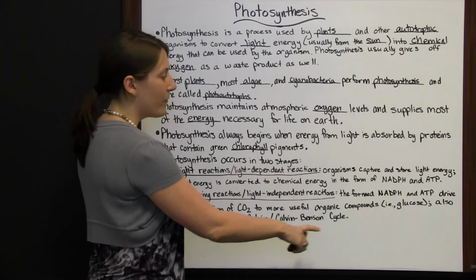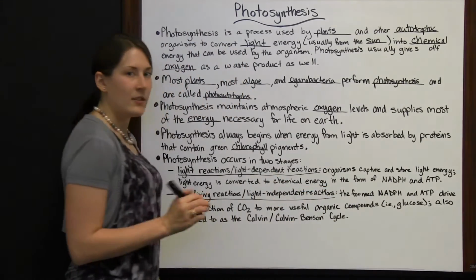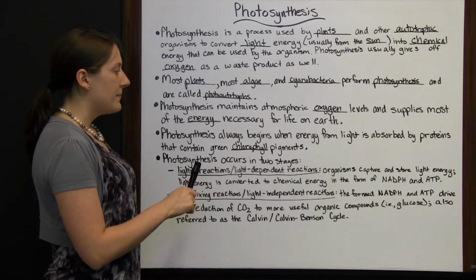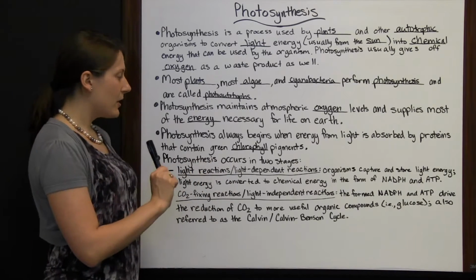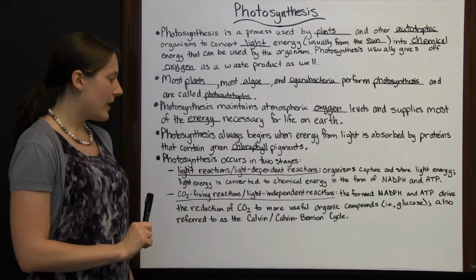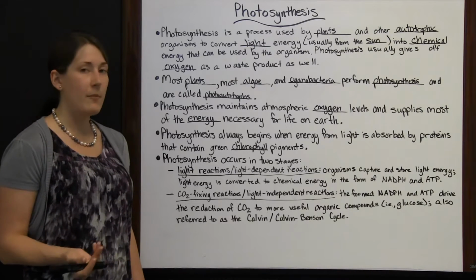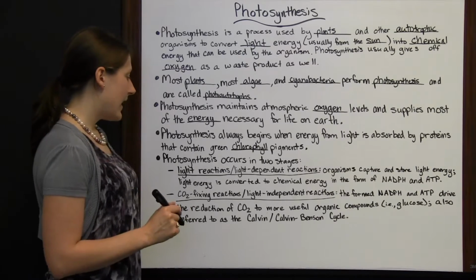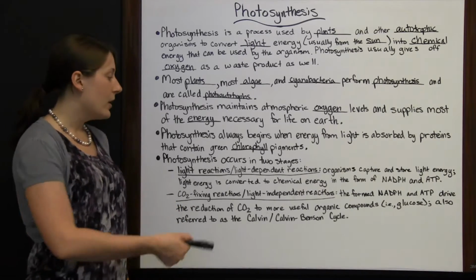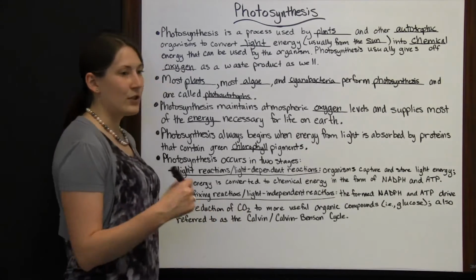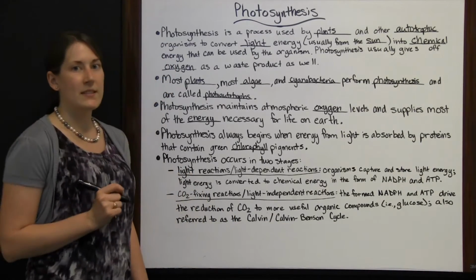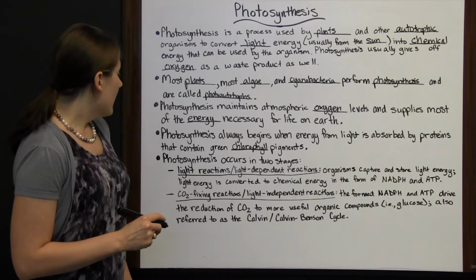And this is when the formed NADPH and ATP, already stored in that autotroph, drive the reduction of carbon dioxide to more useful organic compounds, such as glucose. And they are also referred to as the Calvin or Calvin-Benson cycle. So when the carbon dioxide is reduced, that process can be called the Calvin or Calvin-Benson cycle as well.